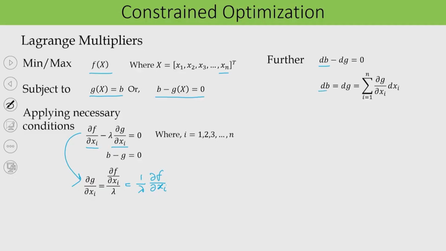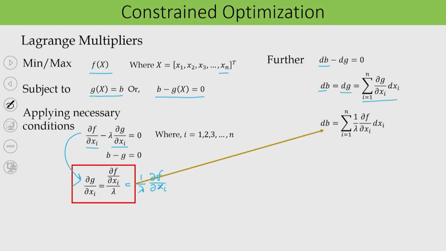So db, which is equal to dg, is the total derivative of the constraint function, and it is equal to the sum for i equal to 1 to n of del g by del x_i dx_i. We have already calculated del g by del x_i, so putting it in, this is 1 by lambda times the sum of del f by del x_i dx_i.